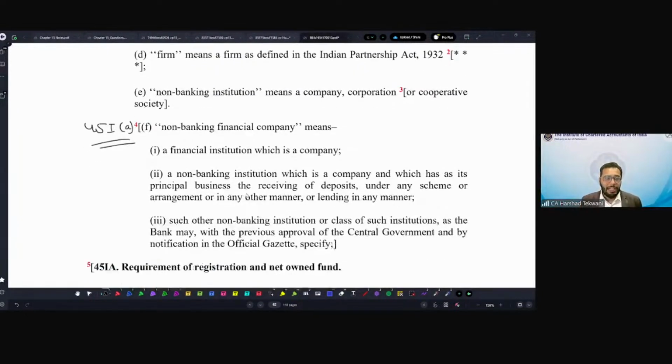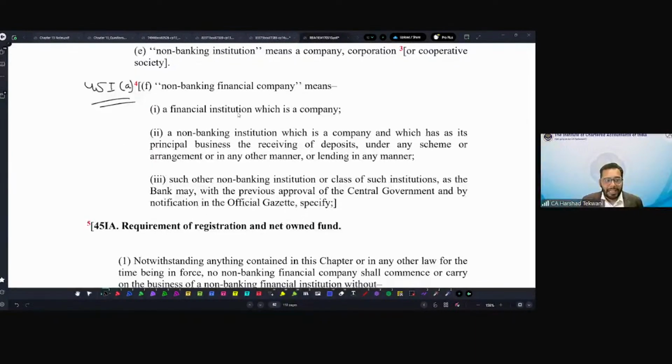Now, a non-banking financial company is a financial institution which is a company. By default, it is saying it is a company. A non-banking institution, which is a company again, which has as its principal business receiving deposits under any scheme or arrangement or in any other manner, or lending.